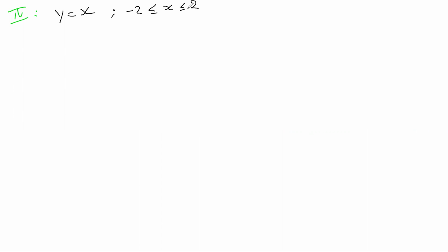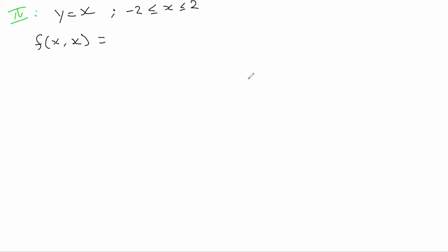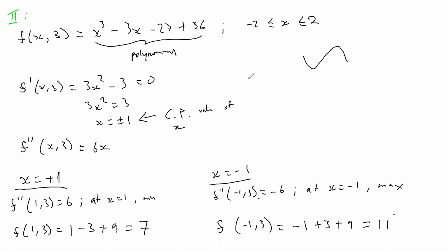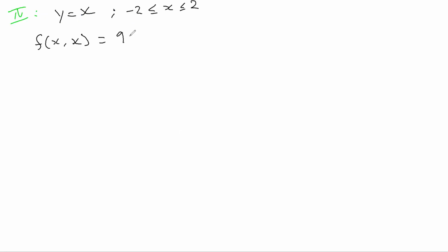Based off this, we can state that f(x, x) is the same thing as 9x, because we're substituting in y as x. Okay, this is the same thing as 9x.